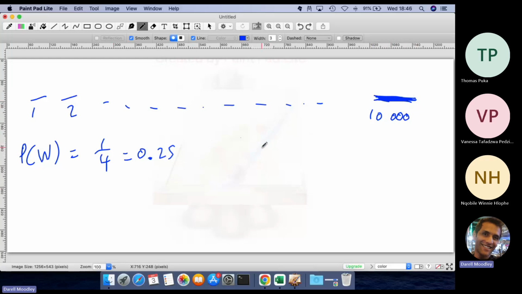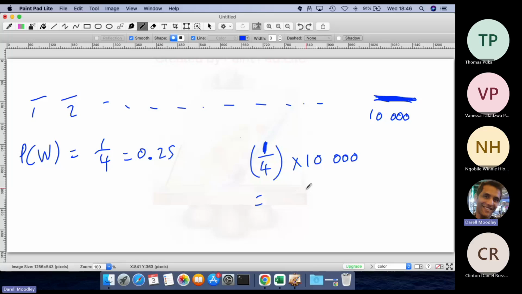You would only expect to win a quarter times 10,000 times, because that's the probability of winning. It would be, what is it, 2,500, I think. Let me check. I don't trust my calculation in my head. 2,500.